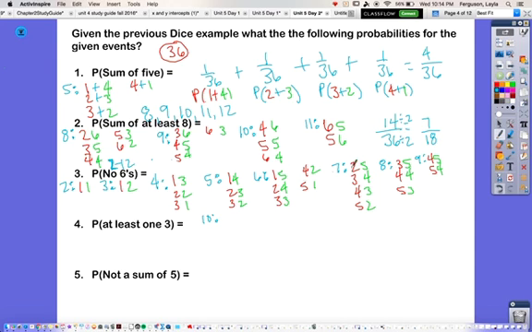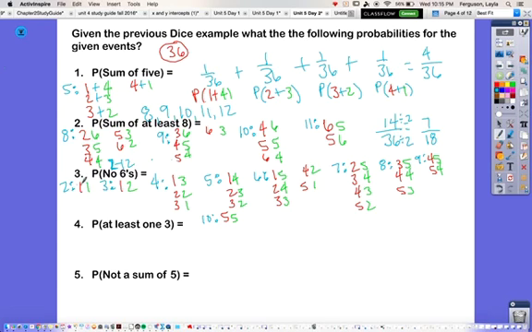For 10, I can't do 1 and 9, can't do 2 and 8, can't do 3 and 7, can't do 4 and 6, but I can do 5 and 5. And for 11, it would be 6 and 5, but I can't use any 6s. And for 12, it would be 6 and 6, and I can't use any 6s.